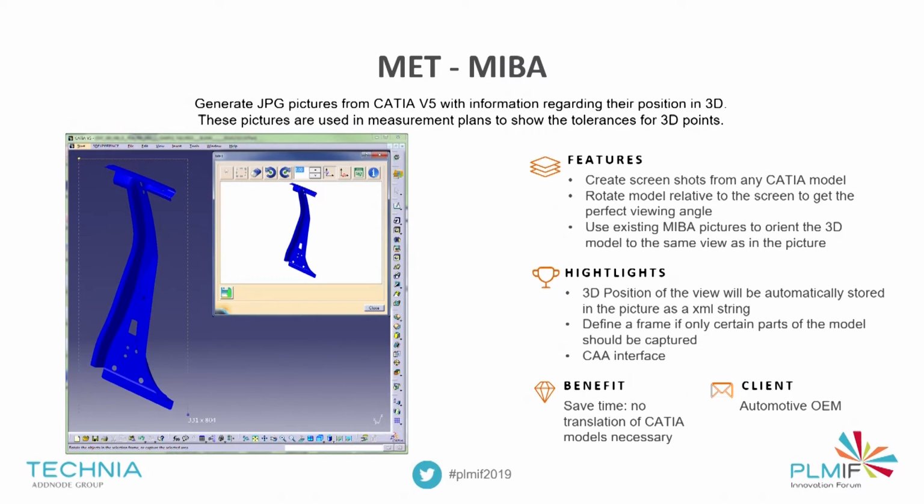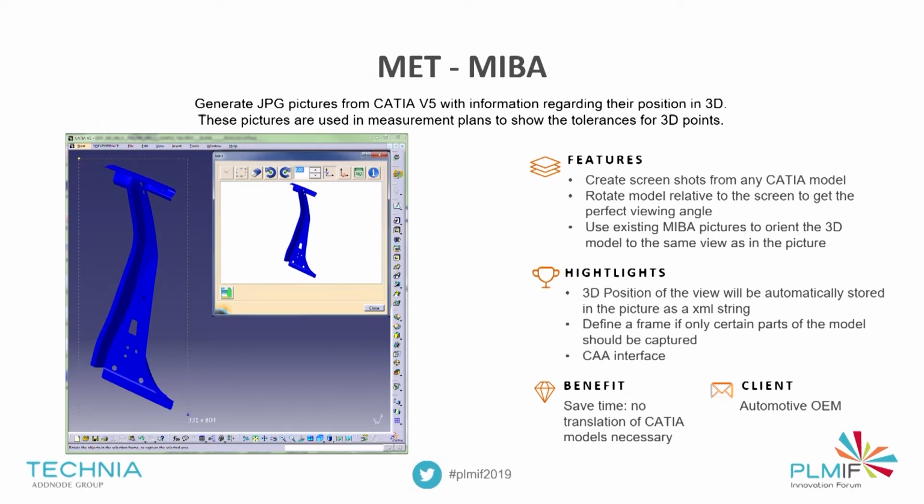So additional information about the orientation and camera position is written to the JPEG header. It's a very simple user interface where the user can capture these images and store them. From existing images, you can load them, and then the position will be changed in 3D. The interface is CATIA, CAA development. For the customer, it saves a lot of time.